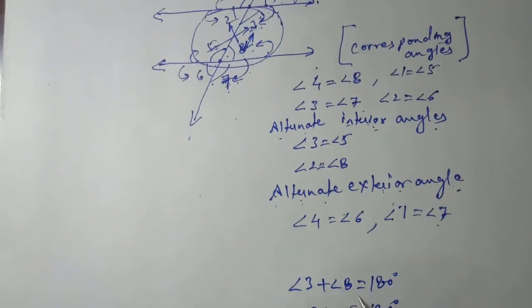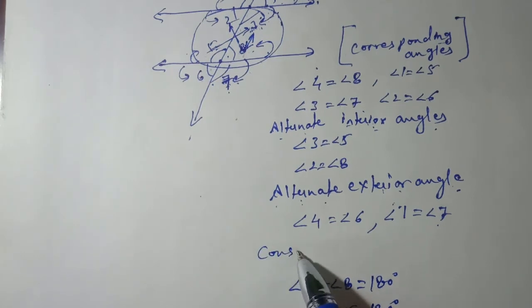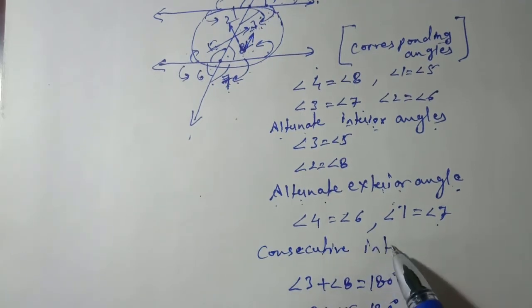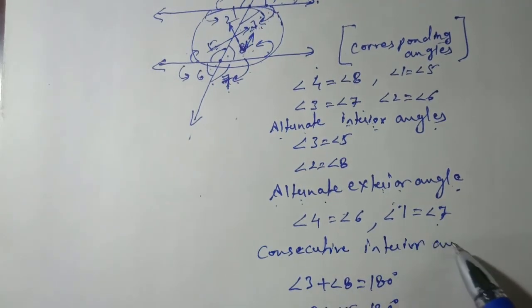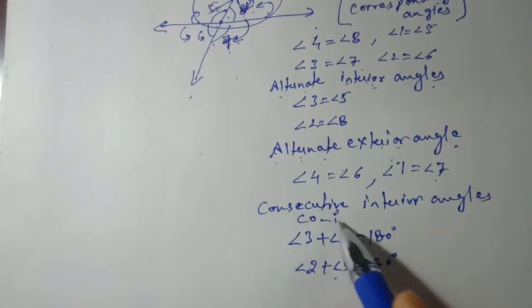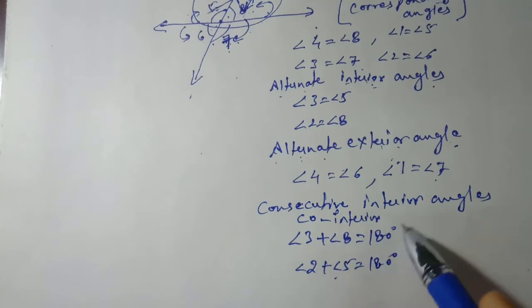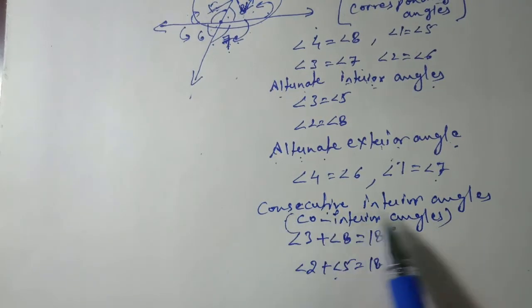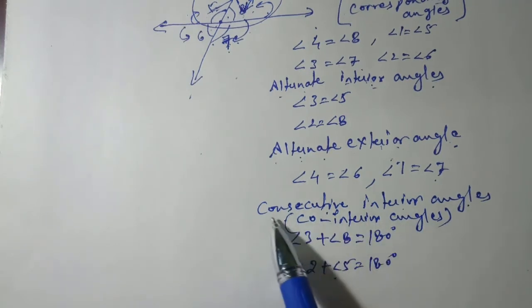This pair is called consecutive interior angles. In short, it is called co-interior angles, but the full name is consecutive interior angles.